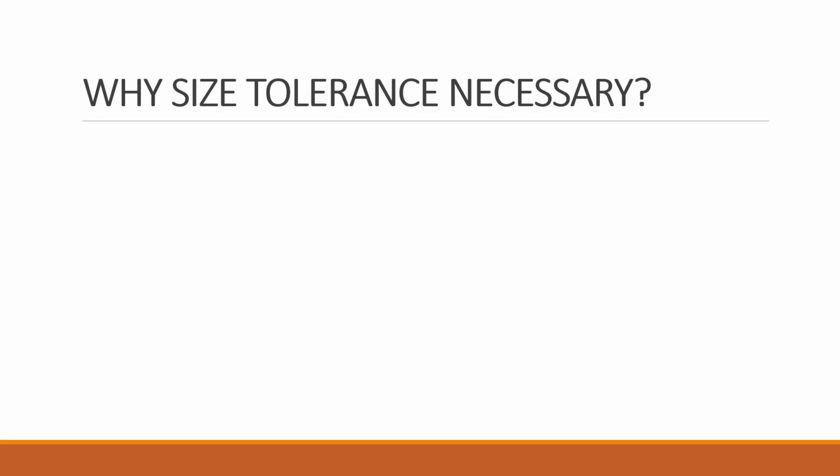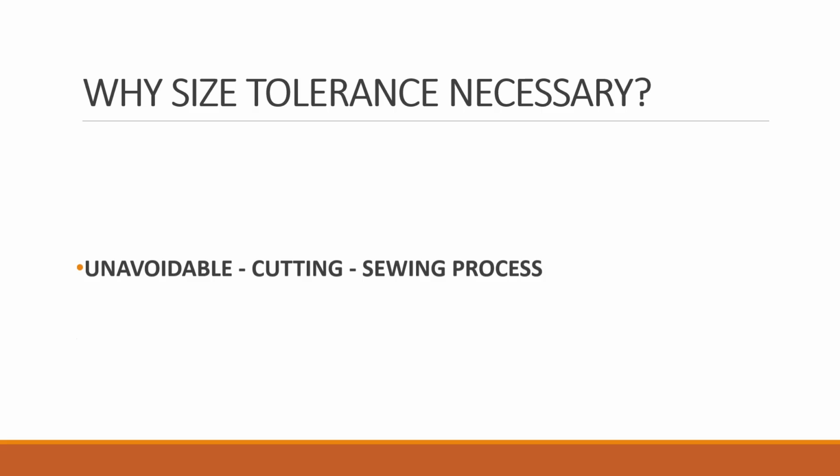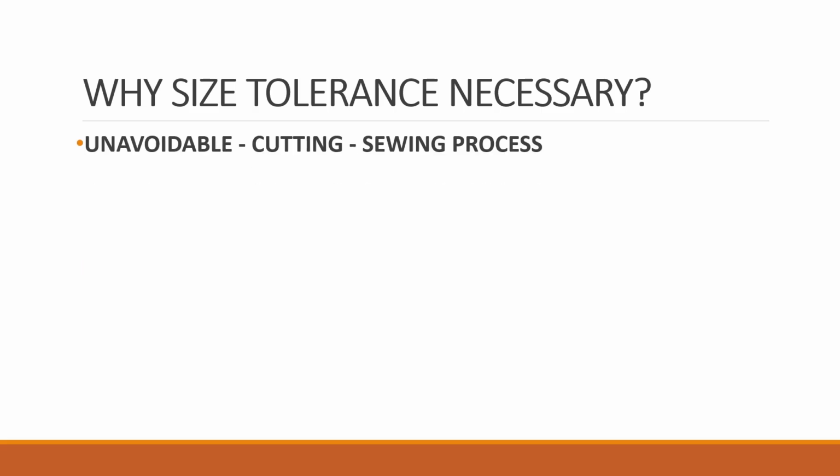Now the question comes, why is size tolerance necessary? The answer is very easy. This size tolerance is necessary because deviation is unavoidable in different production processes while producing apparel products of different types, and those differences from the actual measurement can always happen because cutting, sewing, and finishing are all different processes.